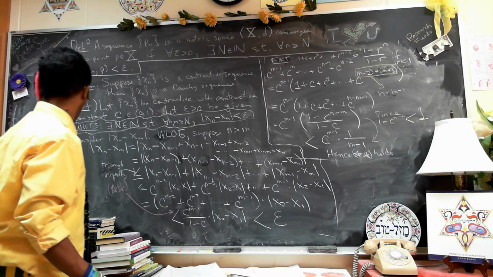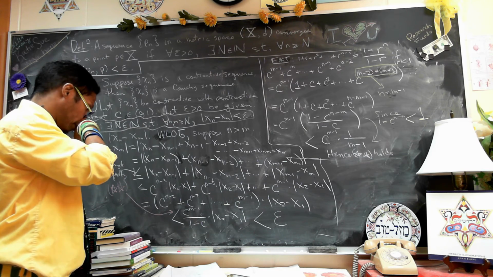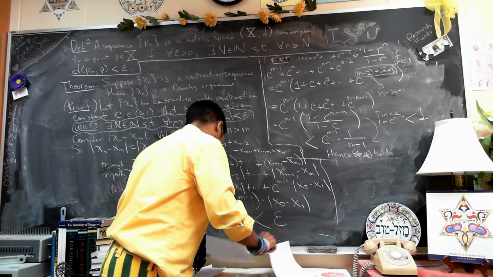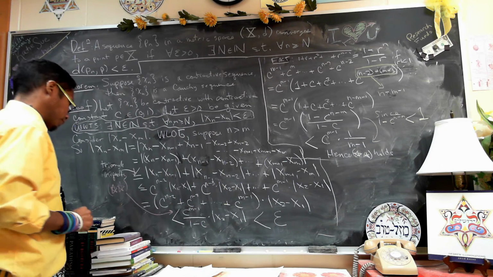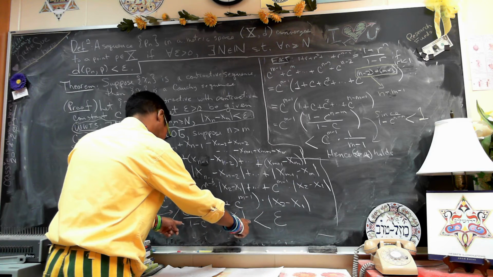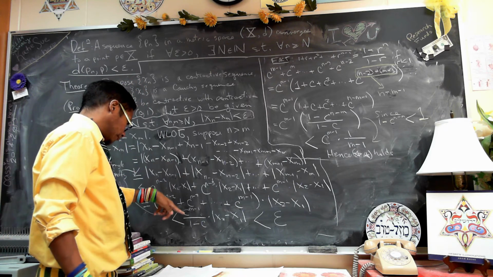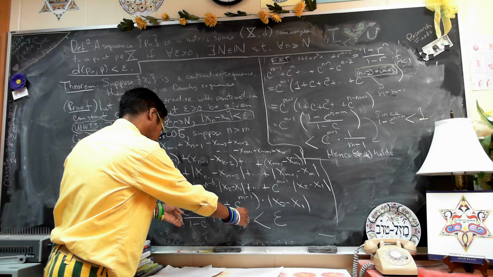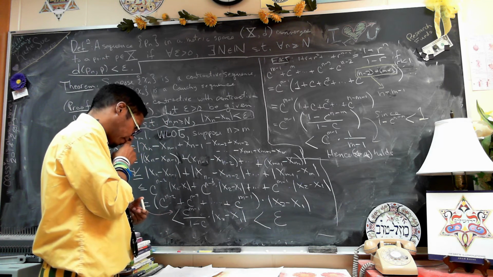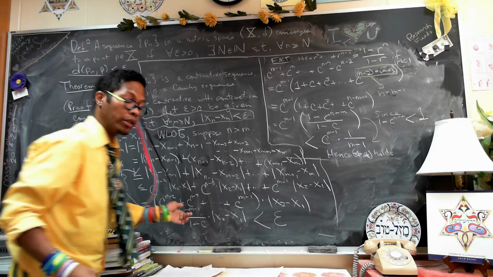Well, I'm getting a little particular here, but I think this is an important point. I want to make this less than epsilon. I know that there exists a capital N such that this whole thing will be less than epsilon. But what is that capital N? Let's take this and solve for little m.